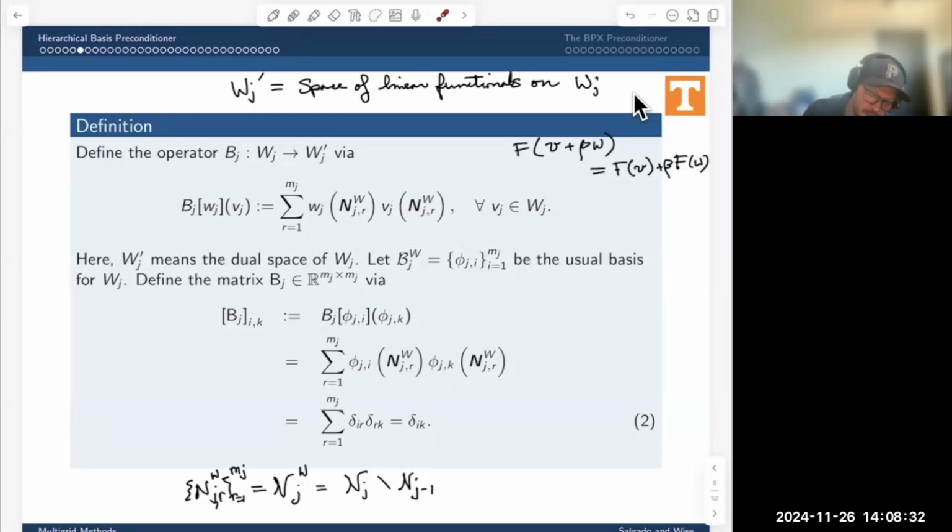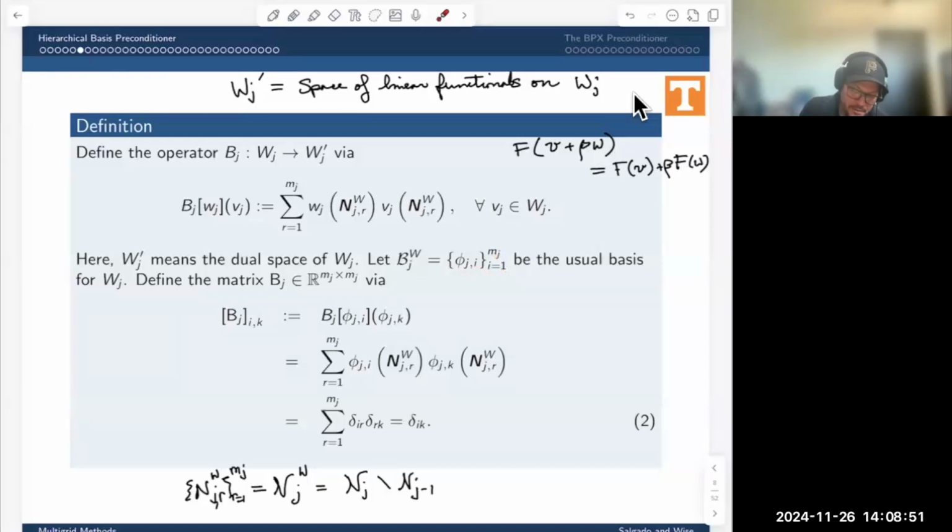How are we going to do that? Here's how. Let bj be the usual basis for wj. Remember, we called it phi j, and there were i equals 1 to mj of those guys in that basis.